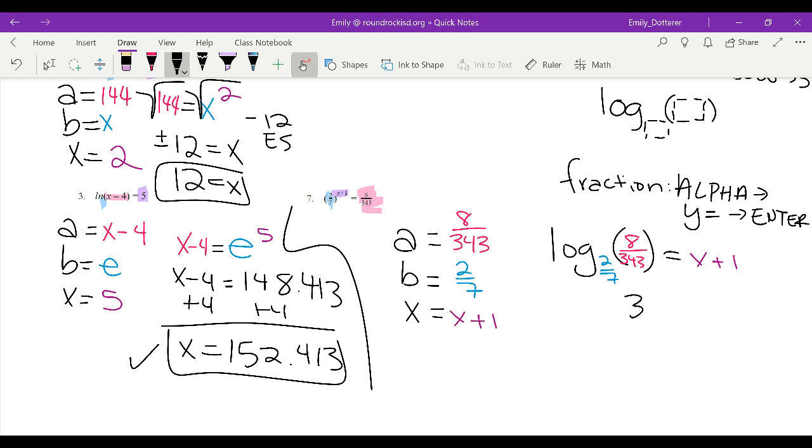And we get 3. So 3 equals x plus 1. Subtract 1. We get 2. Verify our solution. So 2 over 7 raised to the 2 plus 1, which is indeed 8 over 343. So that one's good.